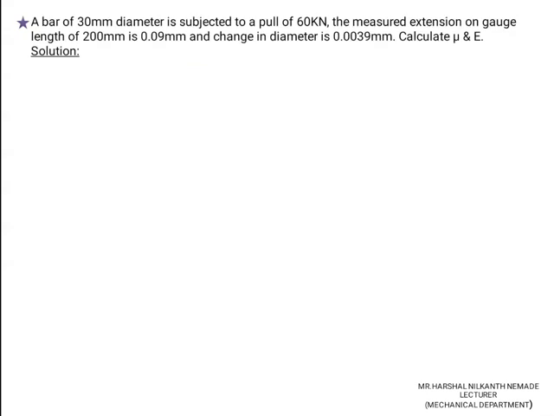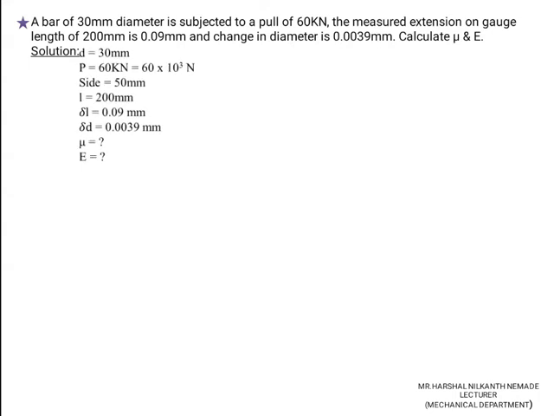Now next, a bar of 30 mm diameter is subjected to a pull of 60 kN. The measured extension on the gauge length of 200 mm is 0.09 mm and the change in diameter is 0.0039 mm. Calculate mu and E. So diameter is given as 30 mm, P is given as 60 kN, so I will multiply by 10 raised to 3 for converting into Newton.